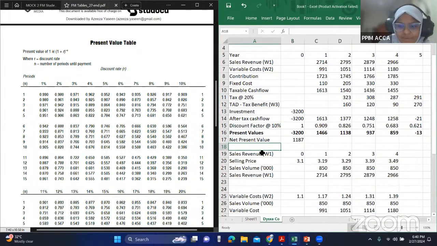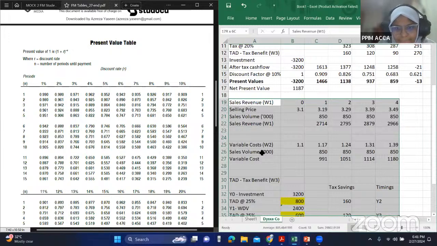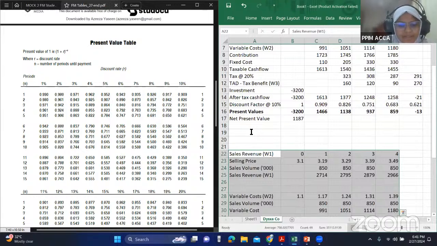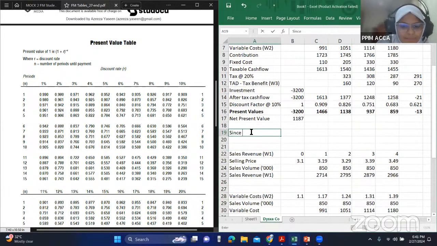Here itself, let me just get myself some space here. Say, since the NPV is positive, the company will accept the project.